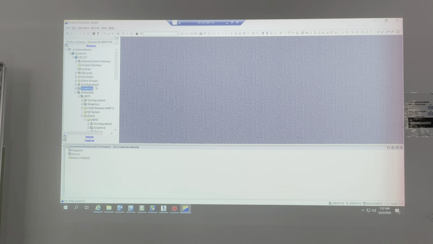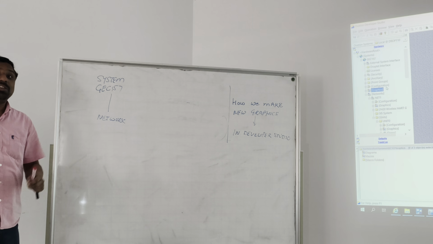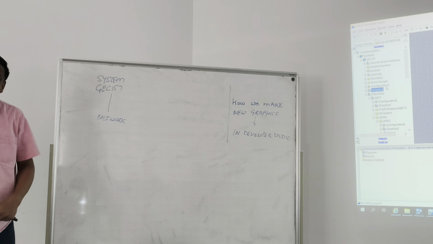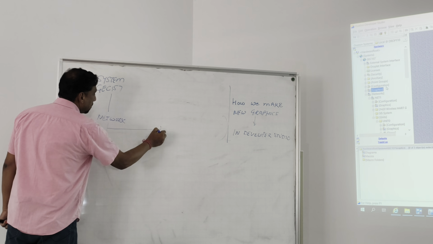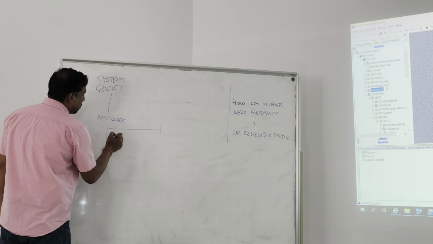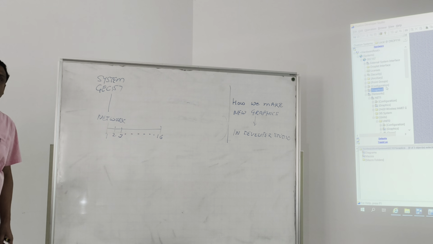GEC 157. It can be any name. After that, network. Network can be 16 networks possible, 1, 2, 3, up to 16.